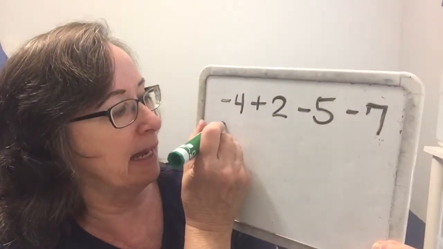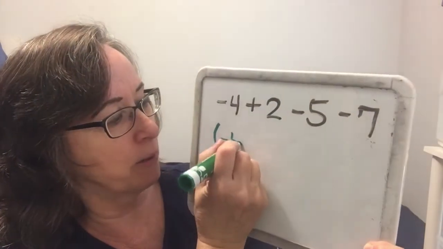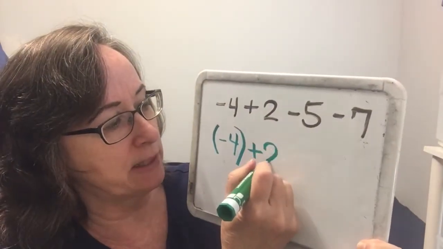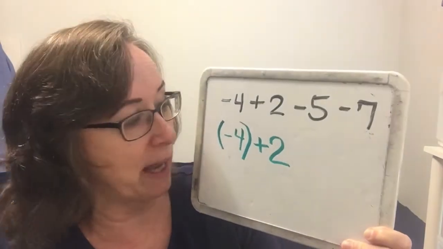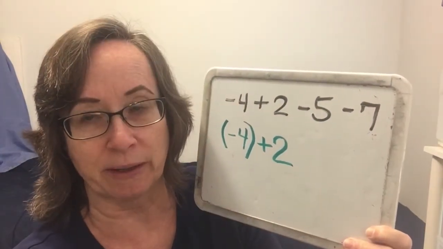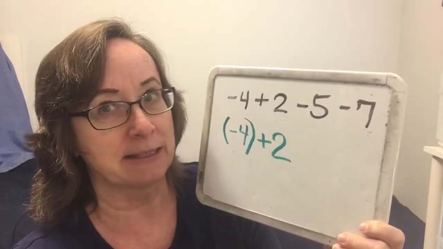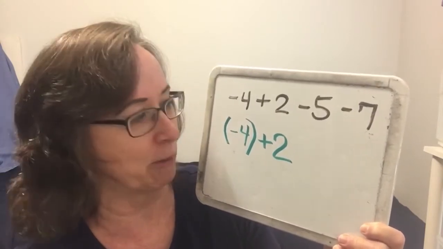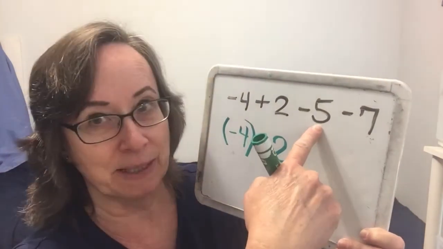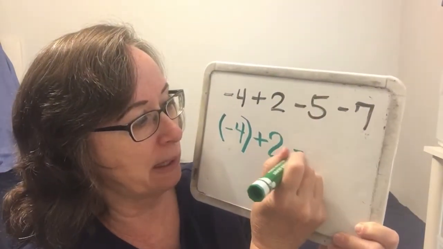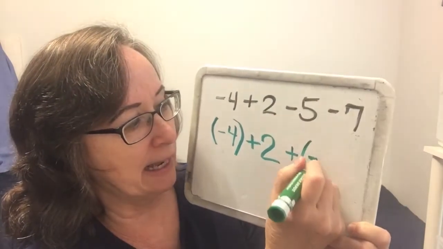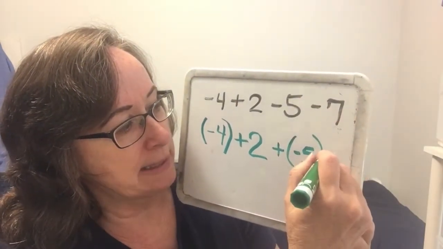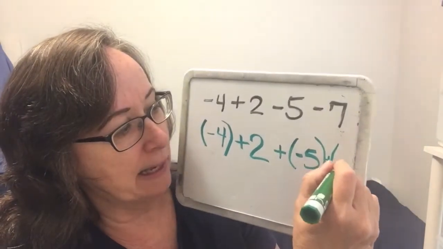We'll take negative 4 and then I'm just going to add plus 2. It's not negative in any way, so I'm just going to leave it outside the parenthesis. And that will help us see that it's positive instead of having parentheses sprinkled everywhere. And then this one is plus a negative 5 and plus a negative 7.